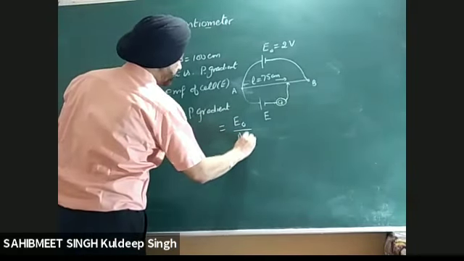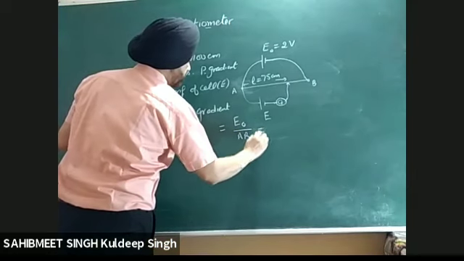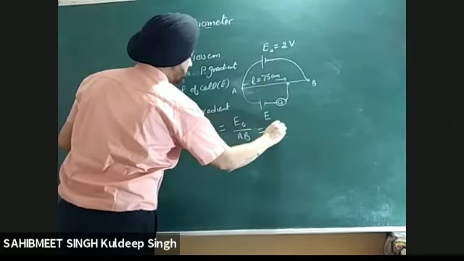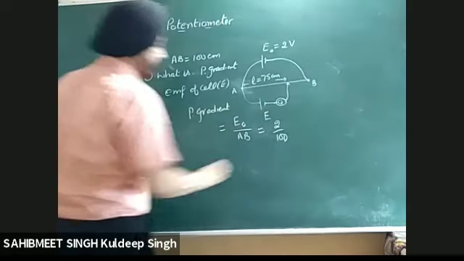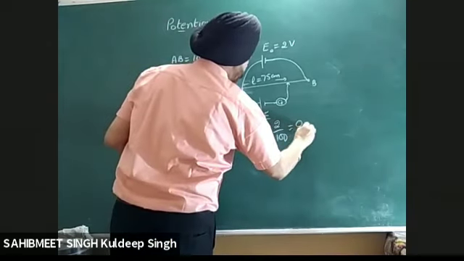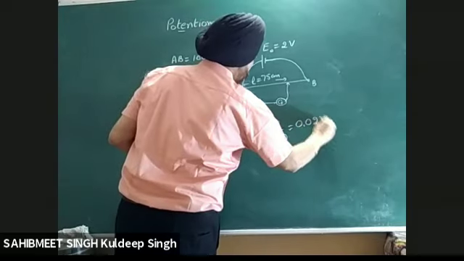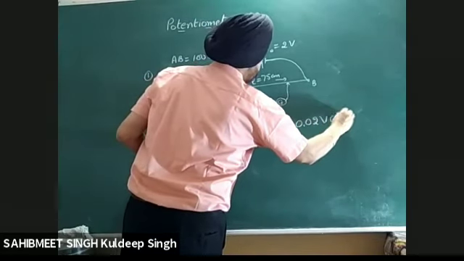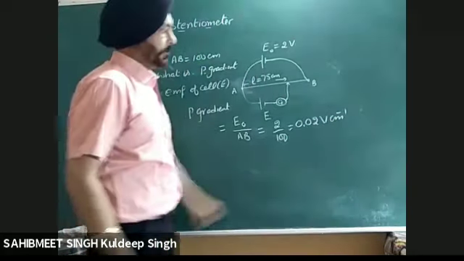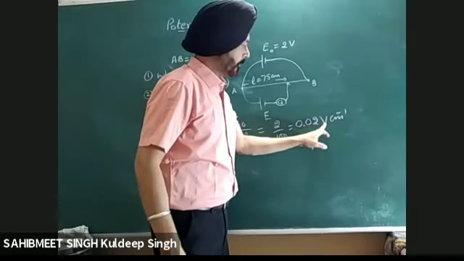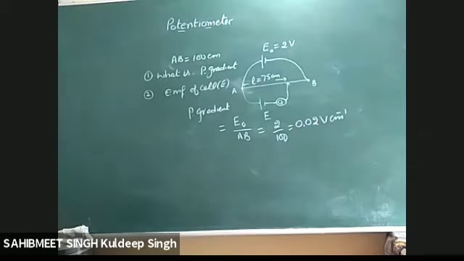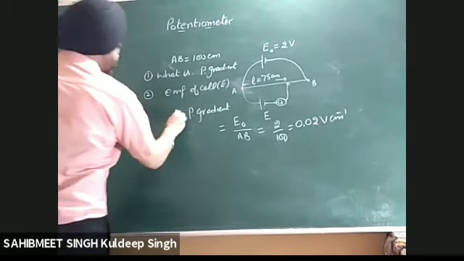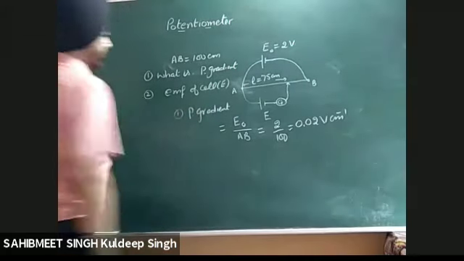If I put the value of AB, that is 2 volt divided by 100 centimeter, I will get 0.02 volt per centimeter. Here you must remember the units, volt per centimeter. You may also calculate in volt per meter. Then what is the EMF?